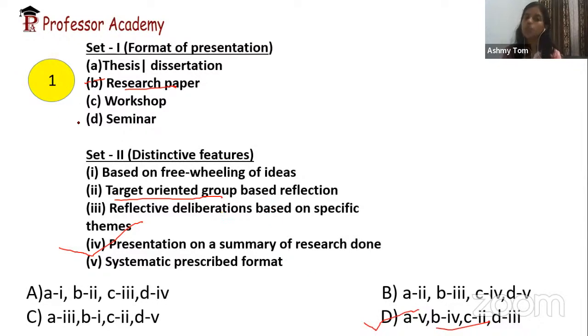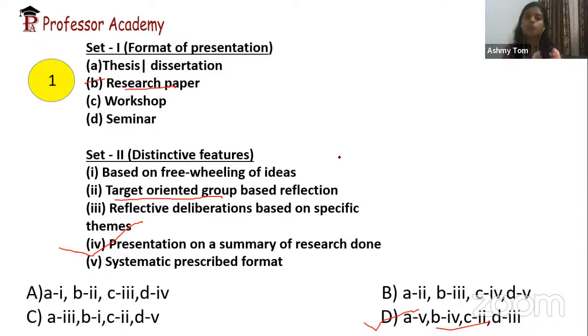So please note that workshop is for a targeted group, seminar is based on a specific theme, and research paper will be a summary of the research done. Thesis or dissertation should follow a systematic format. So the right answer is A5, B4, C2 and D3.